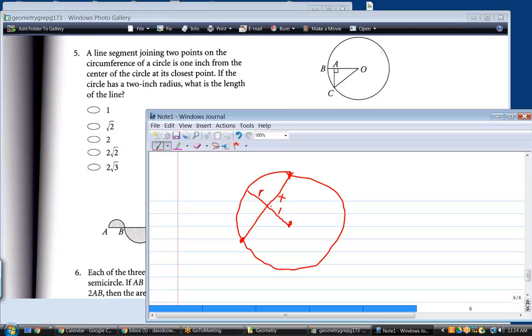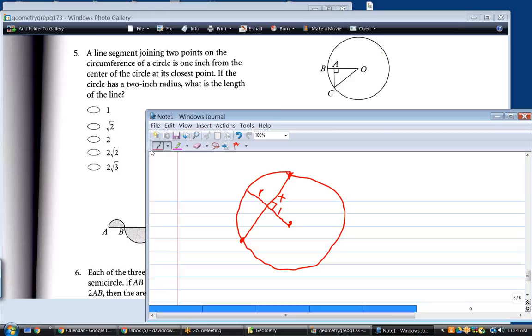So I know this is a right angle. Now, how am I going to solve for x? This now becomes a triangle problem. Not a circle problem anymore. It's a triangle problem. And that frequently happens.